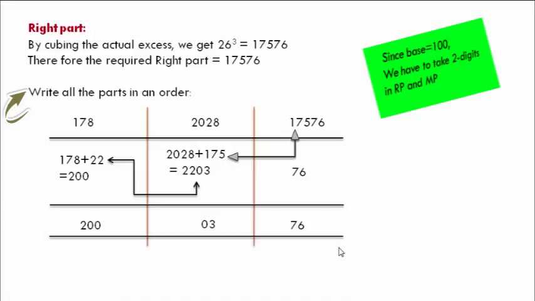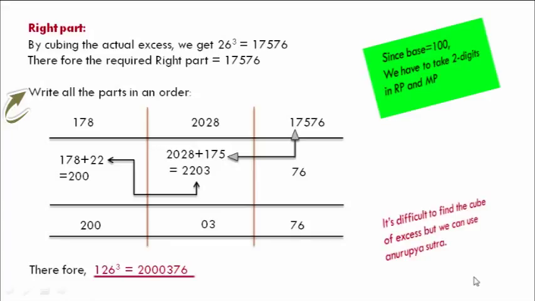Therefore the answer when we cube 126 is 2,376,000. So we can say that 126 cube is equal to 2,376,000.